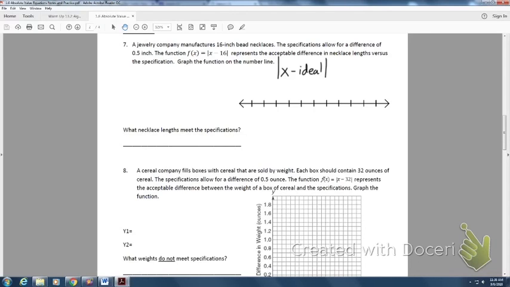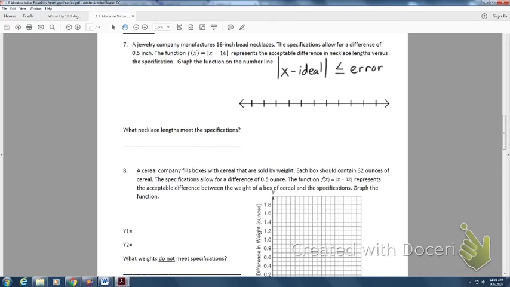X minus the ideal weight is less than, on this specific one, less than or equal to. Some of them might just be less than, but you're not going to see one that's talking about greater than. And you just got to look at the wording to figure out if you got the equal to or not. Less than or equal to the error allowed.